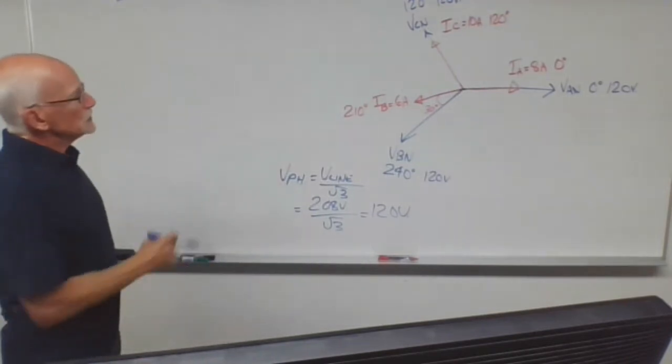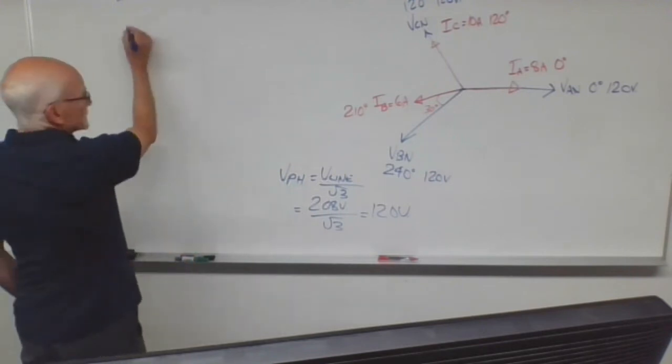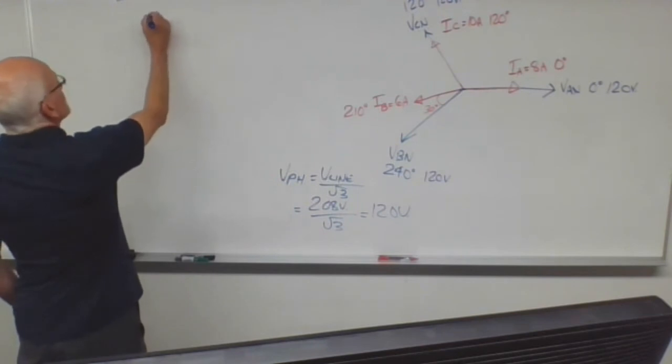Okay, to figure out our neutral current, this horizontal and vertical chart that we draw is fairly straightforward.